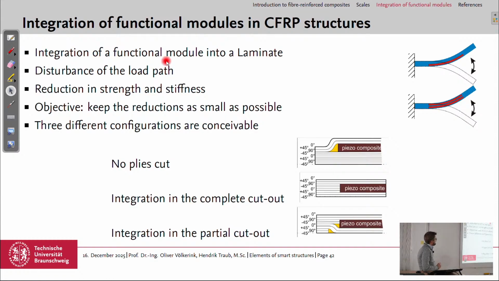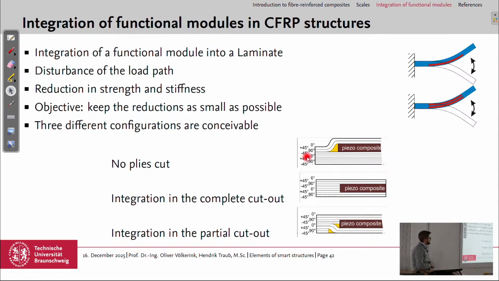We can integrate functional modules into a laminate, but this would disturb the load path and reduce stiffness and strength, because at least they are less stiff than our carbon fibers. And the objective is that we keep this reduction in stiffness and strength as small as possible. So we are looking for these kind of integration levels.